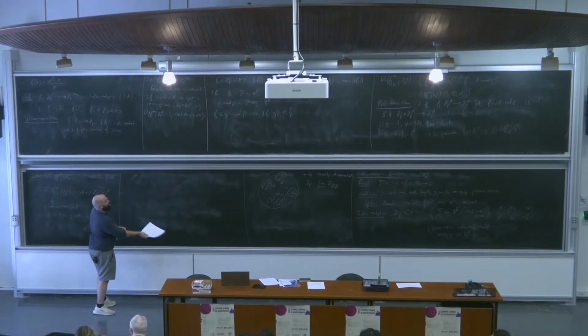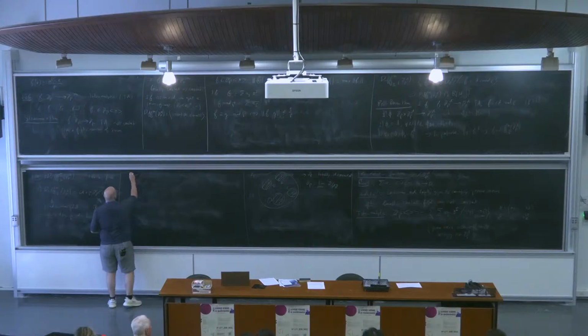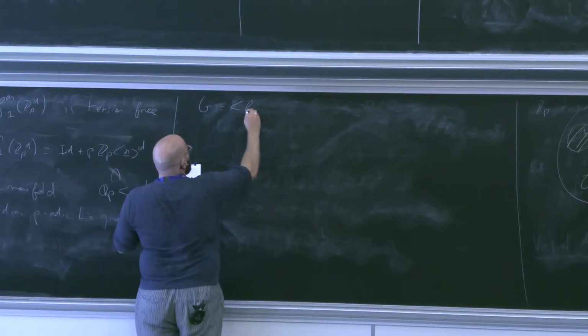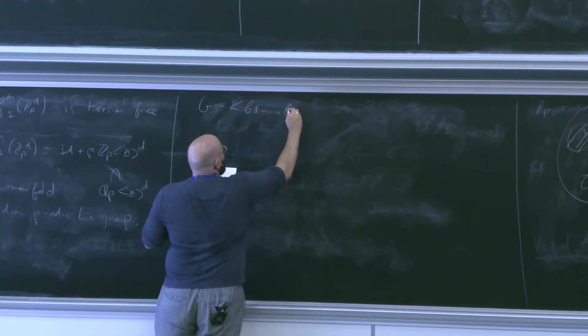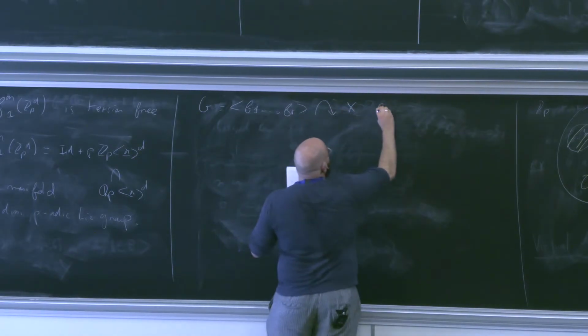Now I want to explain how we do this base change. So I start again with my problem. I have G, which is a finitely generated group, and it acts on X, which is quasi-projective.